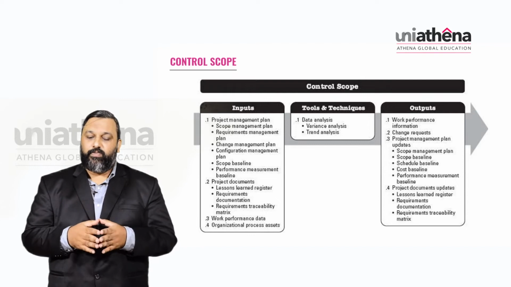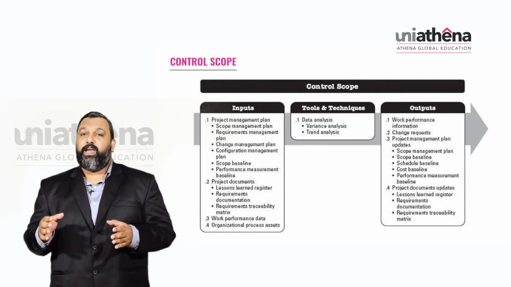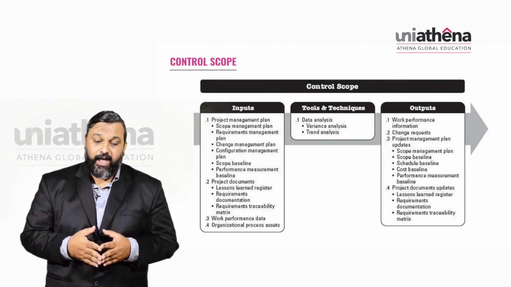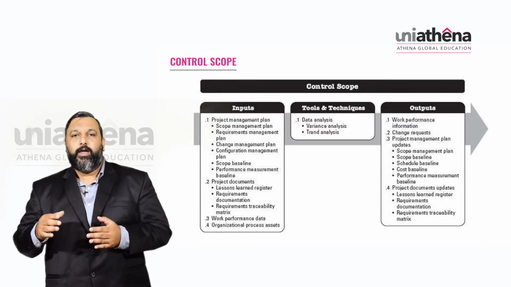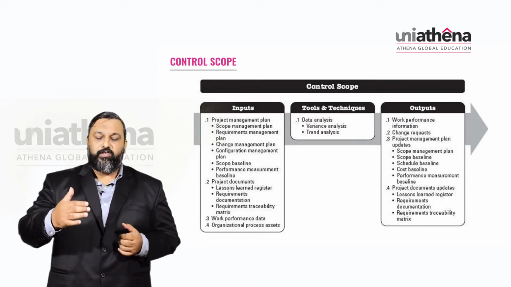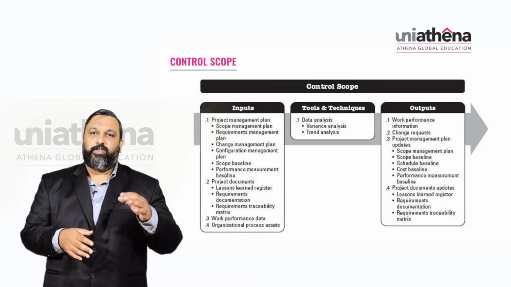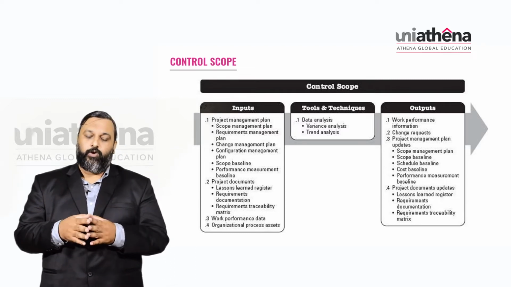The scope baseline, what is the baseline for the scope? And the performance measurement baseline, what is the baseline for performance measures? All these documents will be included in your project management plan, so that will be your first and foremost input for the control scope process.